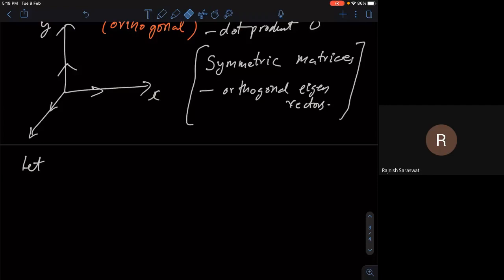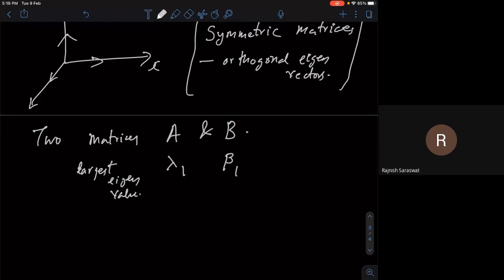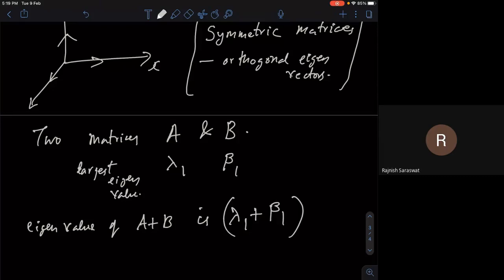I'm going to consider two matrices, A and B, and their eigenvalues are: let's say the largest eigenvalue is lambda 1 for A, and beta 1 for B. Can we say that the largest eigenvalue of A plus B is lambda 1 plus beta 1? Is this correct? What is your intuition saying?